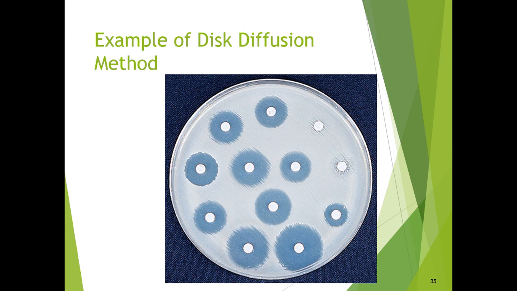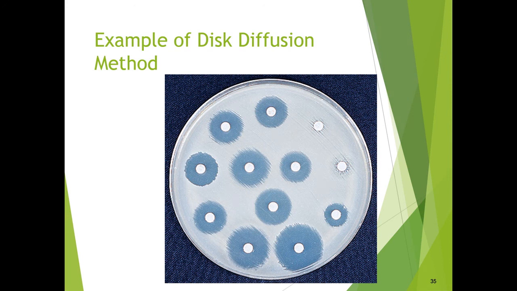If your agar is too thin, you're going to have falsely decreased zones of inhibition. If your inoculum size is too light, your zone of inhibition is going to be too large. If your inoculum is much too heavy, then your zone of inhibition is much too small.